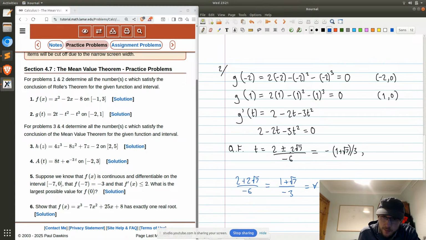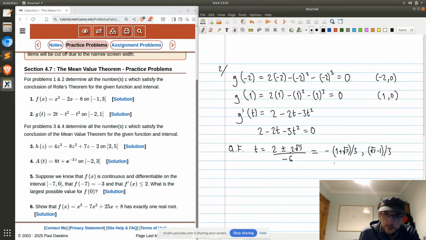Then, okay, times top and bottom by minus 1. So root 7 minus 1 all over 3. There. Feels so much nicer when it's like that.